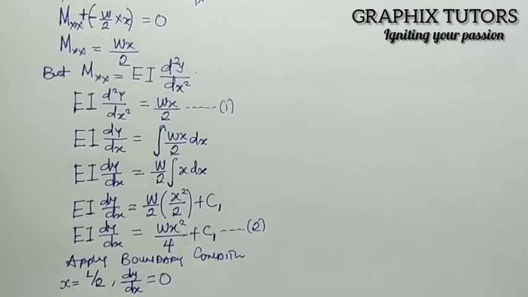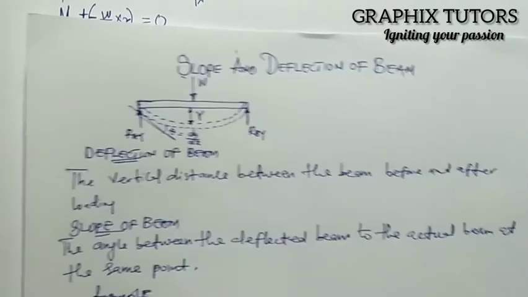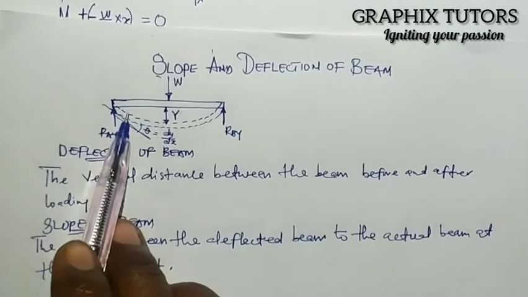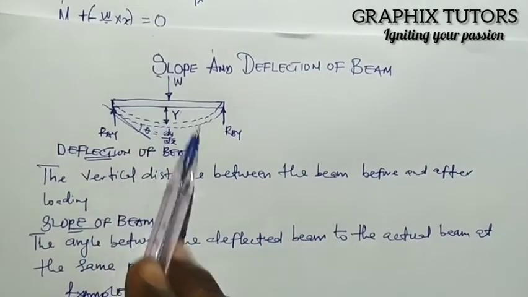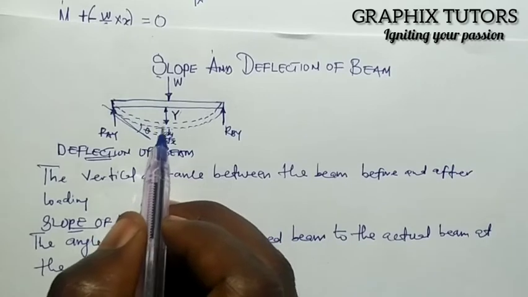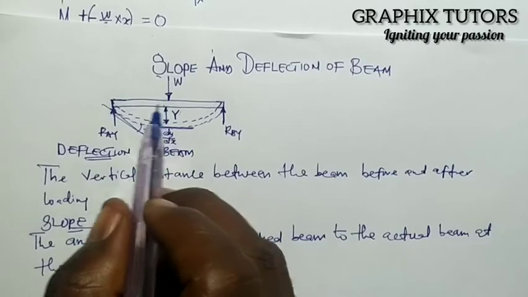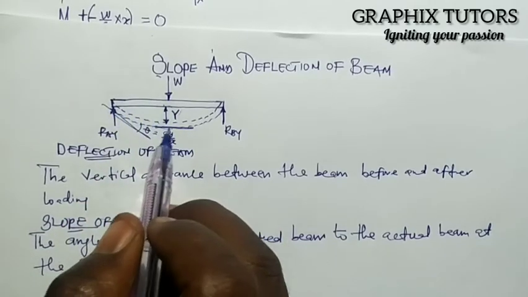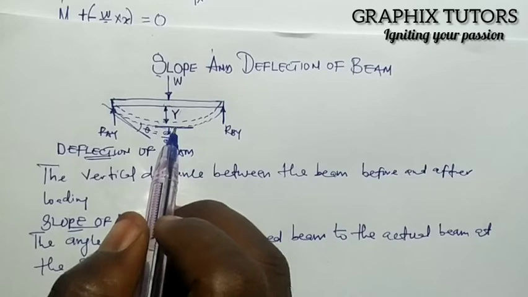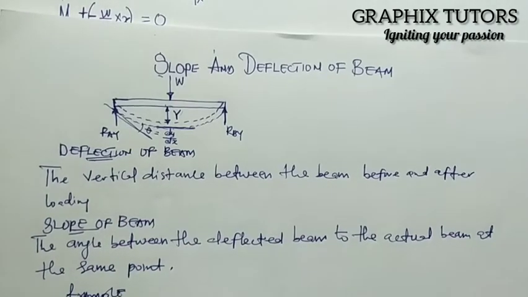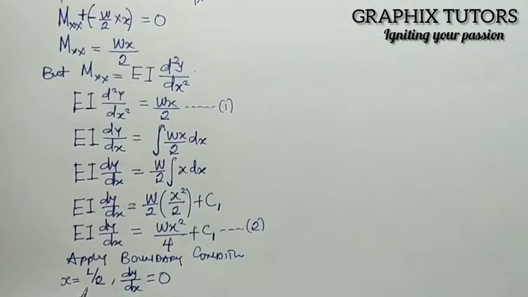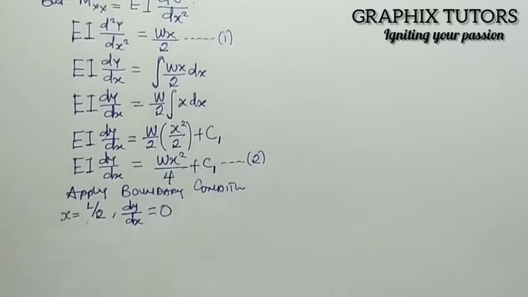What it's telling us is that if I travel half this distance, at this point there is no slope. It is just a uniform line. So at half of the beam, the slope is 0. So we move forward.